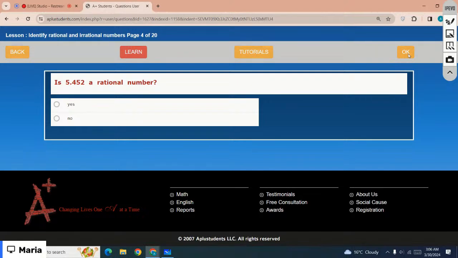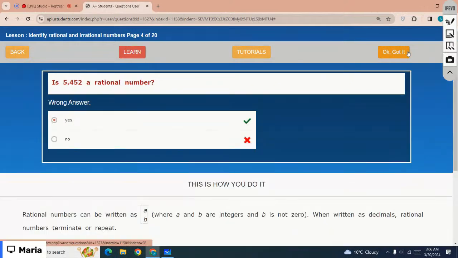Okay, the next one is 5.452 a rational number? Which is the correct option? The correct option is yes.